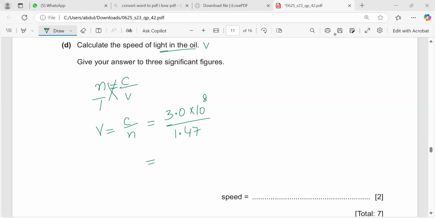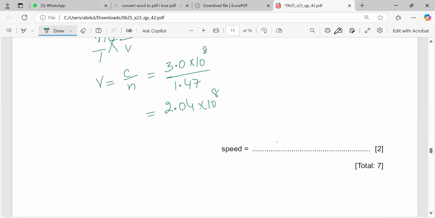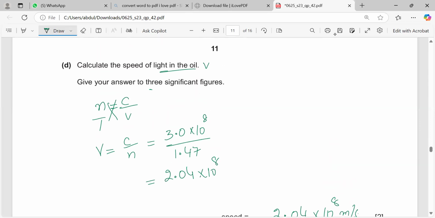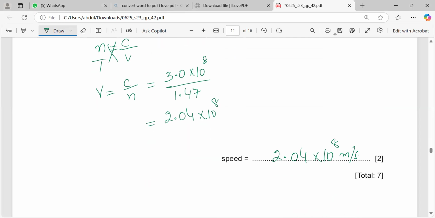So 3 times 10 to the power 8 divided by 1.47, and the answer comes to be 2.04 times 10 raised to power 8 meters per second. Definitely we will write it like this, because they said the answer should be to three significant figures, and our answer is now three significant figures in this case.